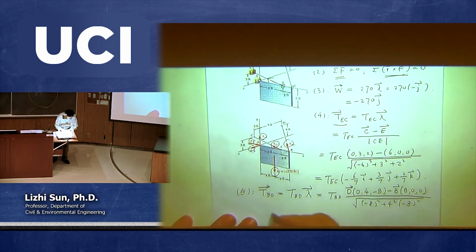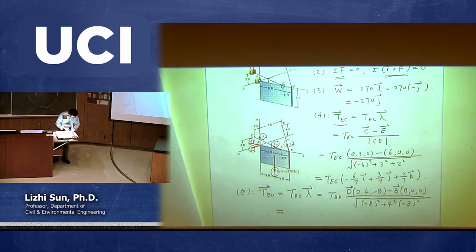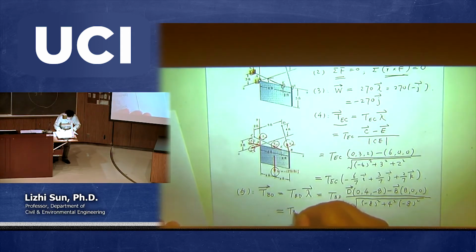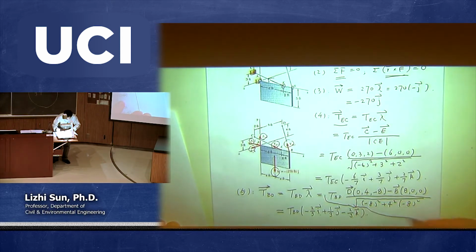Okay? So let me write down the result for you. So TBD is negative 2 over 3 I plus 1 over 3 J minus 2 over 3 K. Any questions?